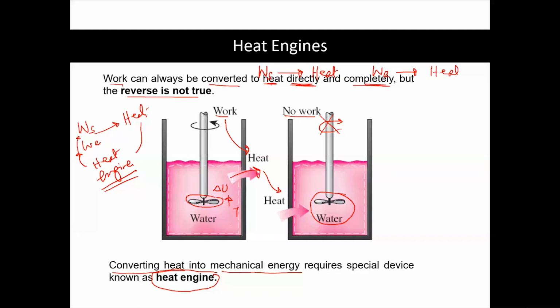So now you understand the purpose of a heat engine? Yes. All right. Now, can you come up with a very basic example of an everyday use heat engine, where heat is being converted into work?